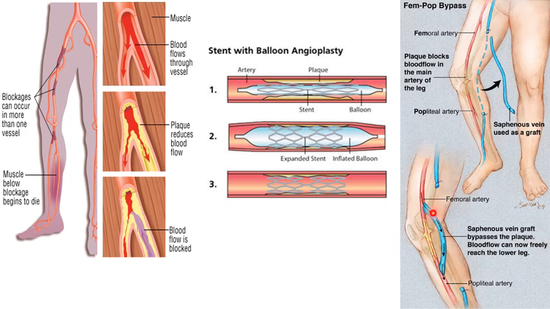So for the flow from artery to artery, the valves should not be there. That is the reason the saphenous vein is reversed when it is bypassed here. So it is attached proximally and distally to the blocked vessel, as the great saphenous vein is very much accessible to the femoral artery in the leg. So this is the most preferred vein used for the graft here.